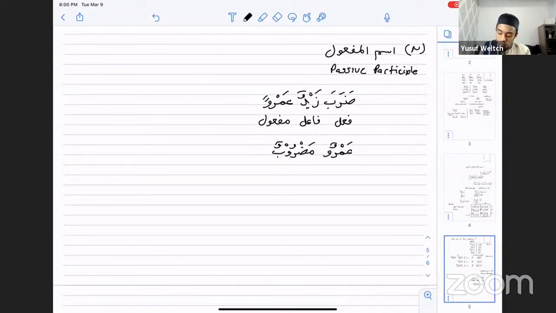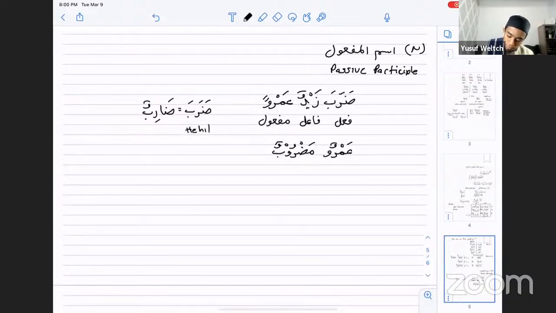But madrub doesn't have any tense. So in English you have to put an is, or something, in between the subject and the predicate. So here we have daraba, which is a verb. He hit. Daribun means what?